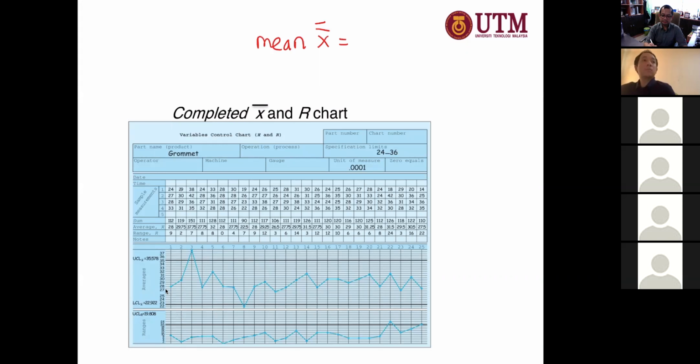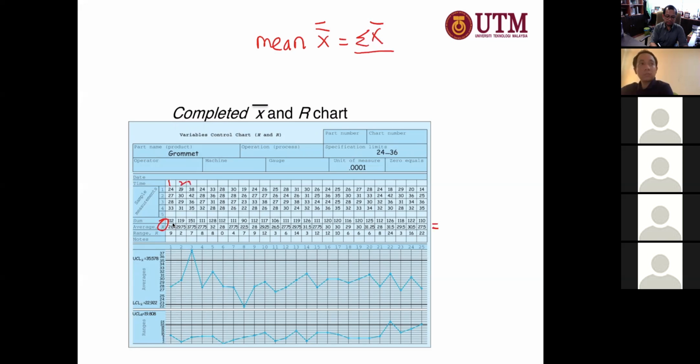Mean is sum of X bar. We have X bar here. We sum this. We got X double bar. Then we divide by how many population we have or how many subgroup we have.